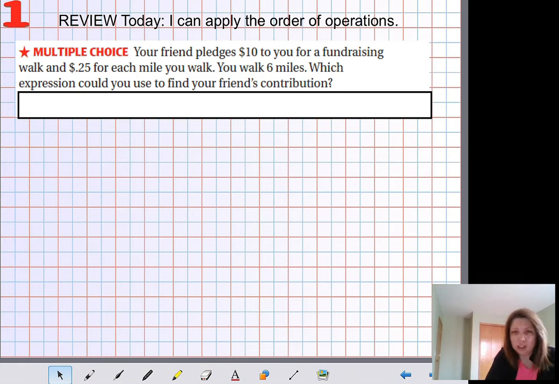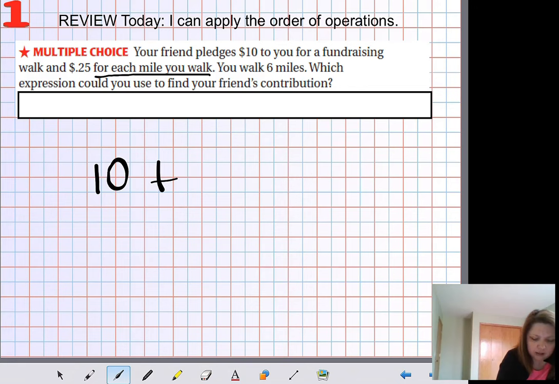It seems right to be just at the beginning, because then it says, if you look up here, that you get 25 cents for each mile you walk. So it will be $10 plus 25 cents per mile, right?